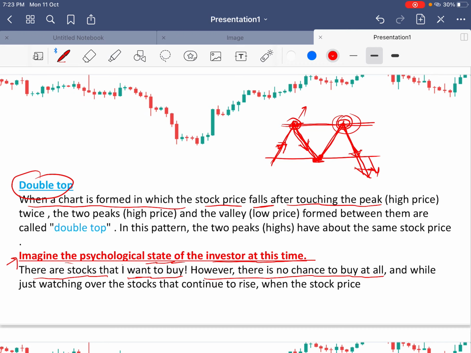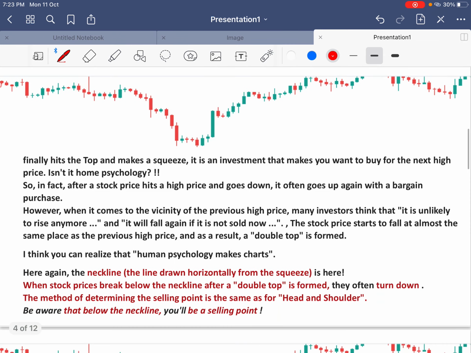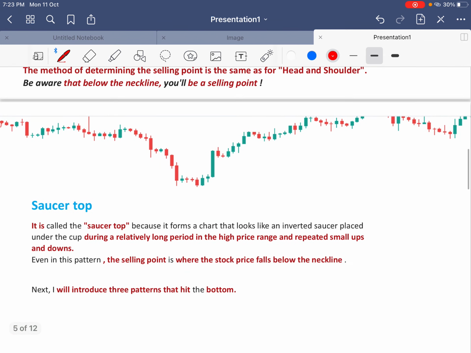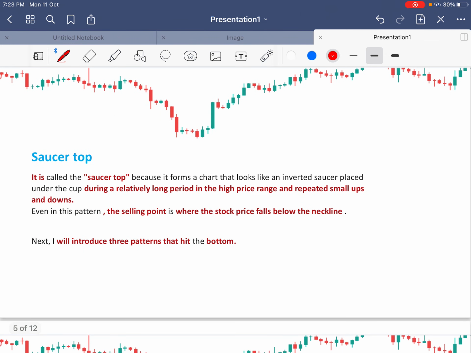So after double top, we come to the saucer top. What is saucer top? As you can see from the name, saucer top is basically when a stock is trading like this. Let me just give a rough idea.